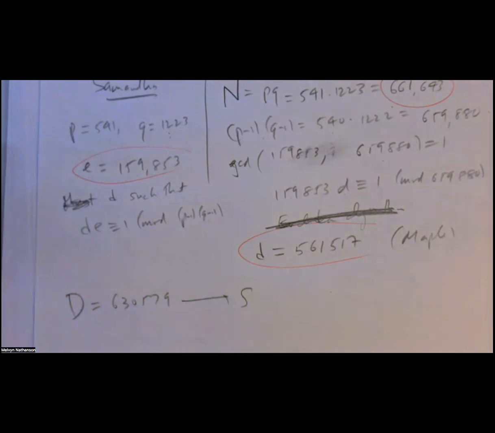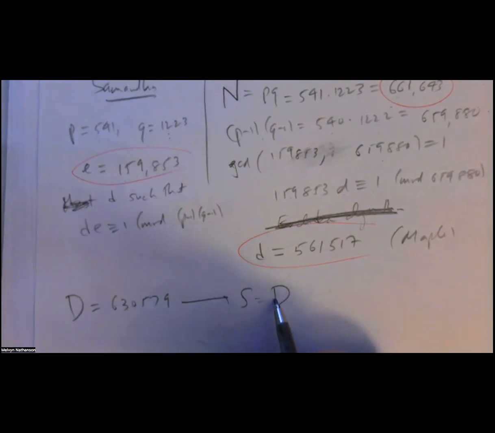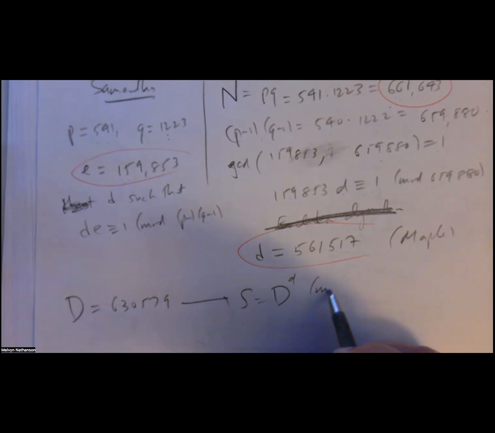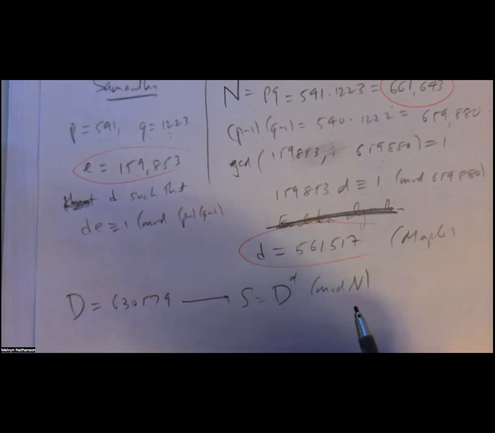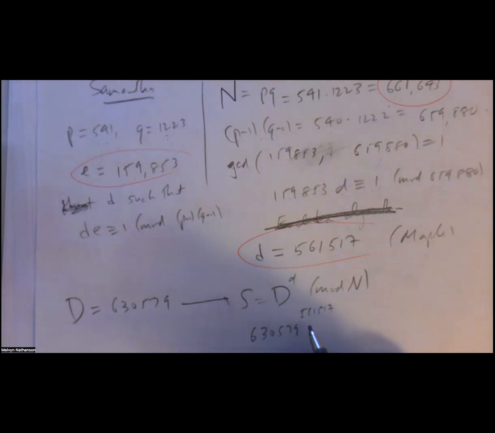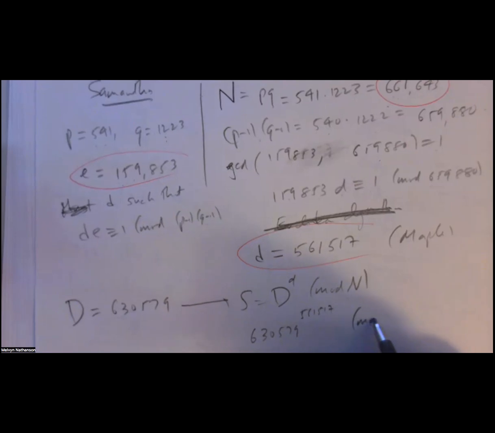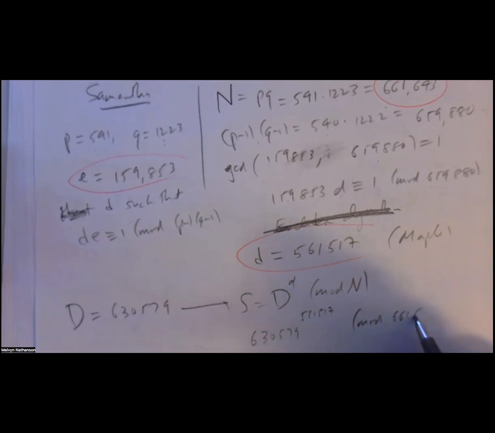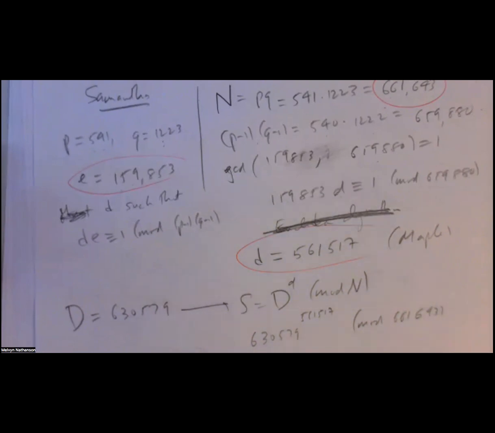So S is capital D, the document, raised to the power D, mod N. So that's some humongous number. That's 630,579 raised to the power 561,517 and you want to reduce that modulo 661,643. So I don't even know whether Maple is strong enough to do that.